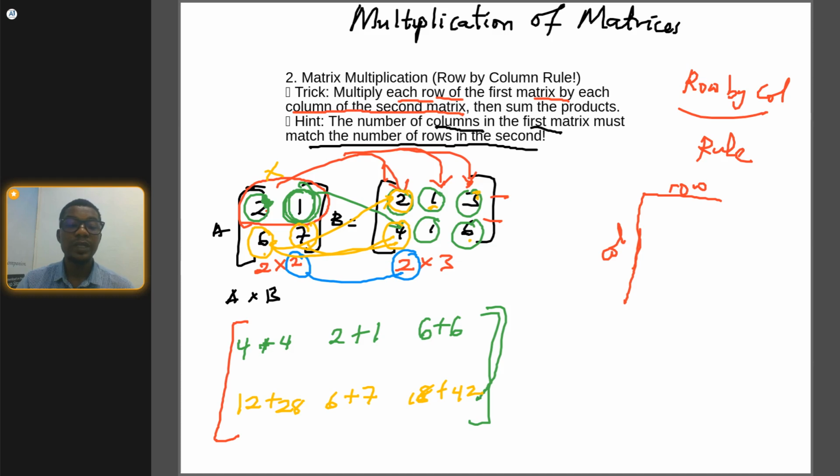And now we are going to add it together to get the final answer. 4 plus 4 will give us 8. 2 plus 1 will give us 3.